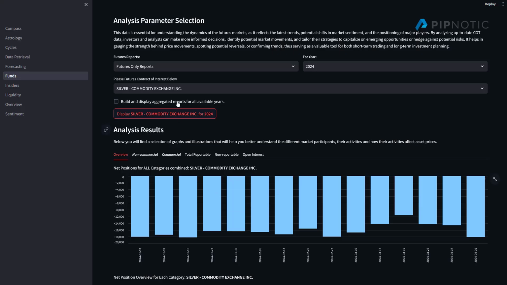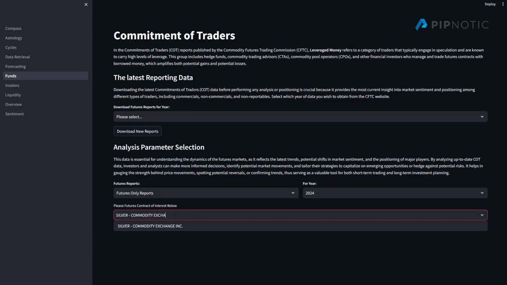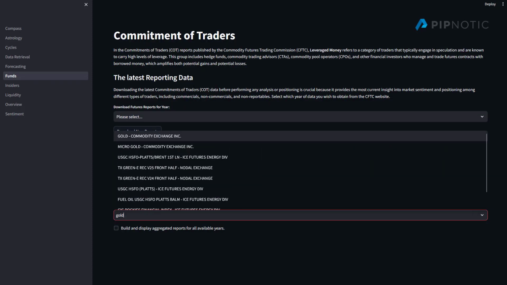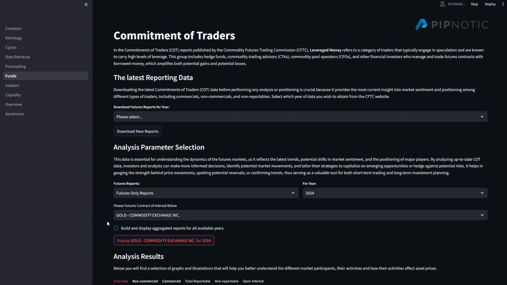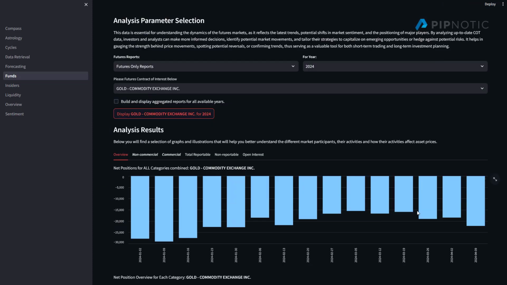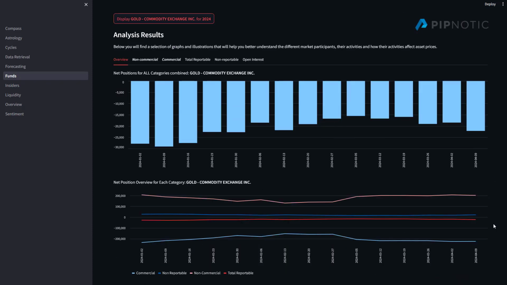So jumping in here, we go to the gold, because if the gold is net long, then that's going to be profit taking at the top. No, we're net short. Okay, so we should maybe begin to see a bit of a pullback in the price of gold.